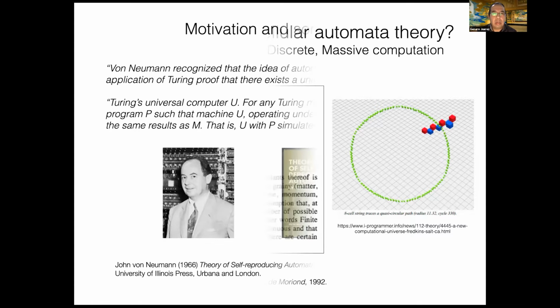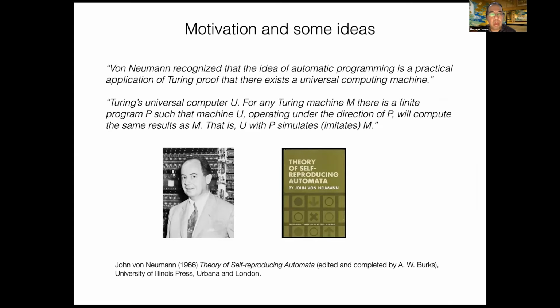Well, some motivations and ideas. From the conception of cellular automata, von Neumann recognized this problem where the cellular space can be exploited for using the results of Turing, particularly the universal computing that can be modeled in these cellular systems.